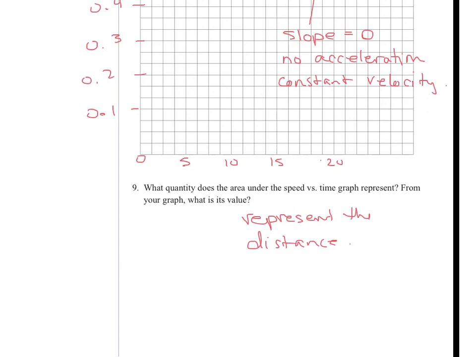It would be the slope, velocity. I'm sorry, not the slope. I said that wrong. It would be the velocity, 0.49 meters per second, times the time of 20 seconds, which is 10 meters, which is how long our track was.